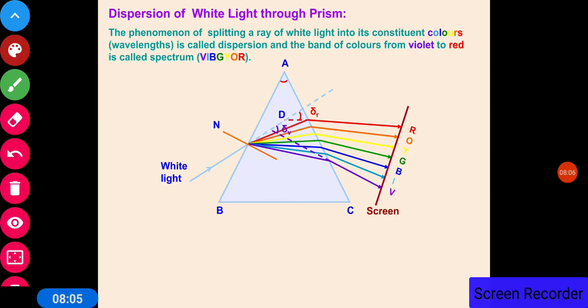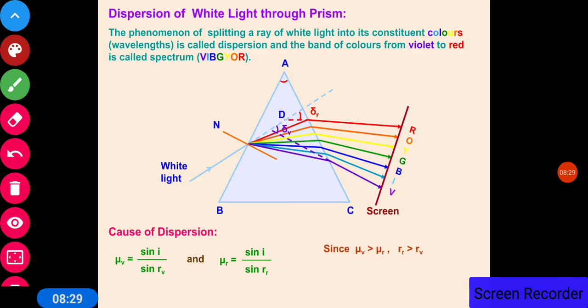And this is the normal. So we can say that mu V, the refractive index for the violet color, is equal to sin I upon sin R V, and for red, mu R is sin I upon sin R R, the angle of refraction for red color.